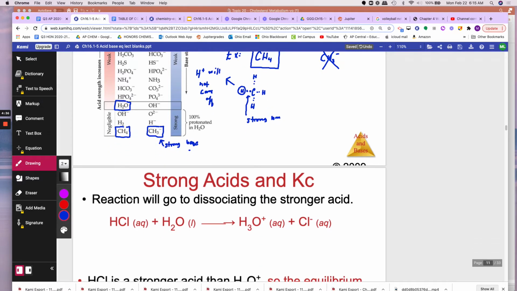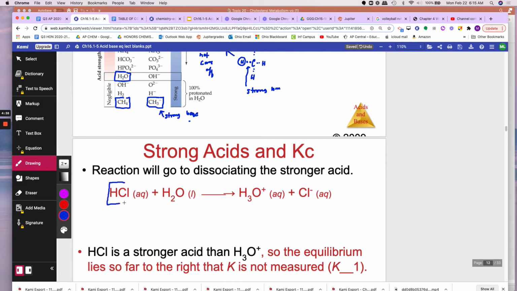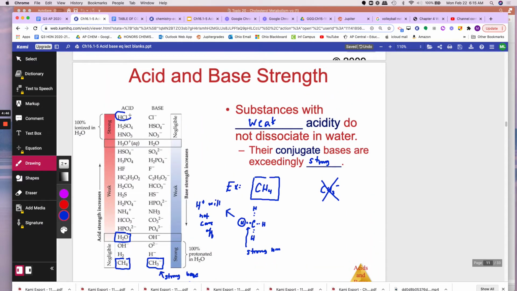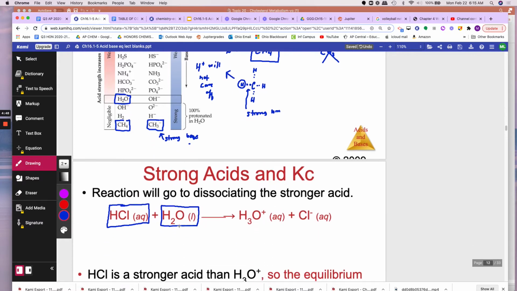Let me show you an example. Here you have HCl that you're putting in water. Which is a stronger acid, HCl or water? Well, you can see HCl is above, which means it's a stronger acid, so this equilibrium will lie to the right. You will get more products than you will get reactants.